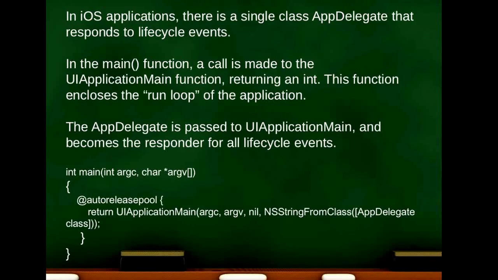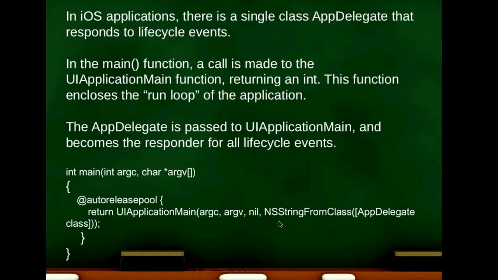The real purpose of UIApplicationMain is to wrap up the run loop of the application. We pass in the AppDelegate as a string for the application delegate class name. When we pass in the AppDelegate name, we use the method NSStringFromClass, passing it the AppDelegate class.